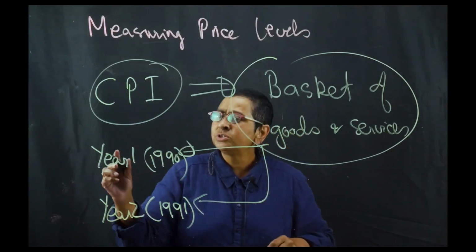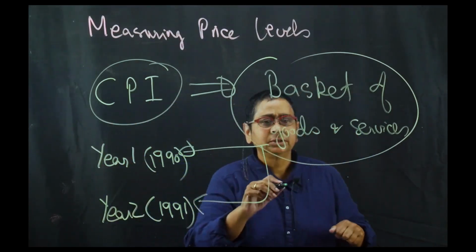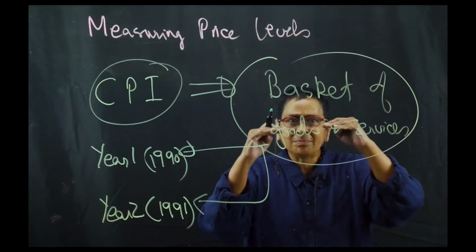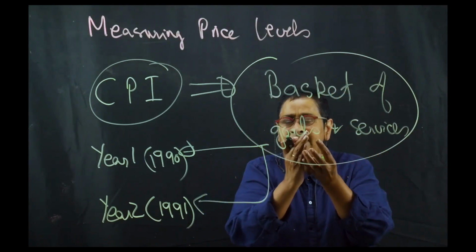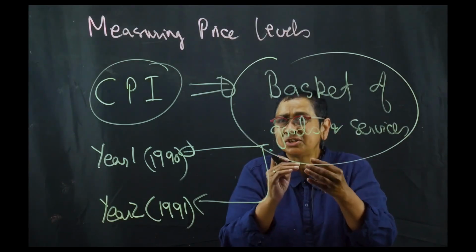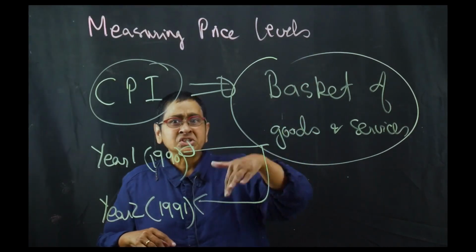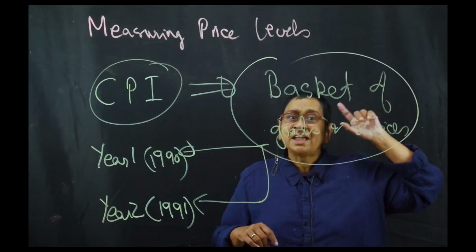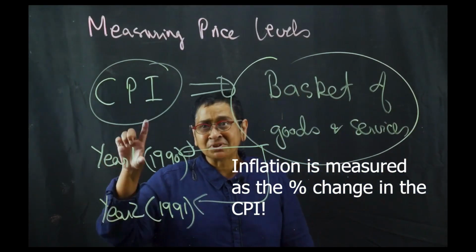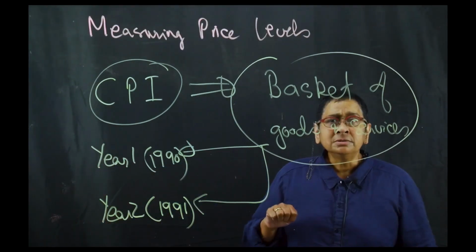And I usually take one year and set that year to be my base year, or 100. All right. And so then if $100 in my base year can buy so much, how much will it take me to buy the same stuff in year 2, year 3, year 4, and so on? So this is the way in which we measure the Consumer Price Index, which then means inflation is usually measured as the percentage change in the Consumer Price Index, or price level.